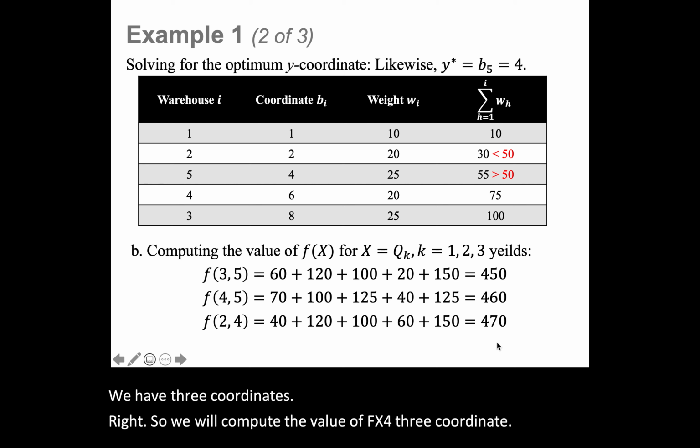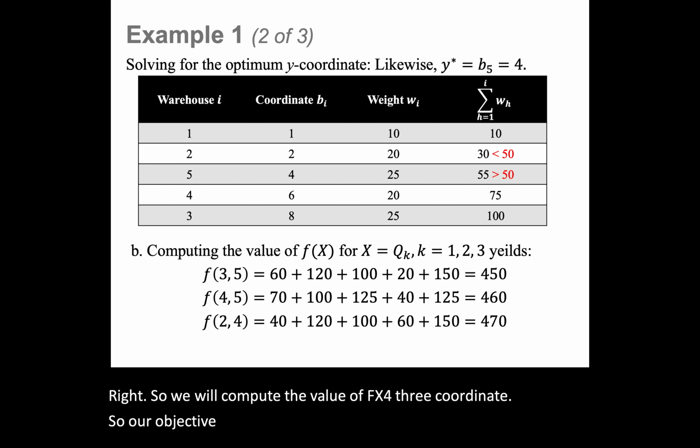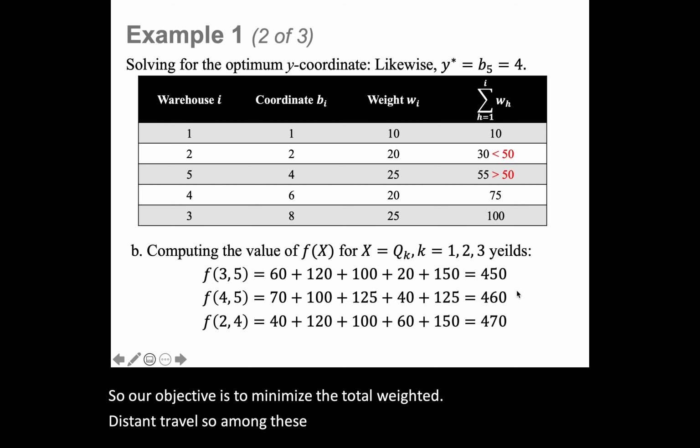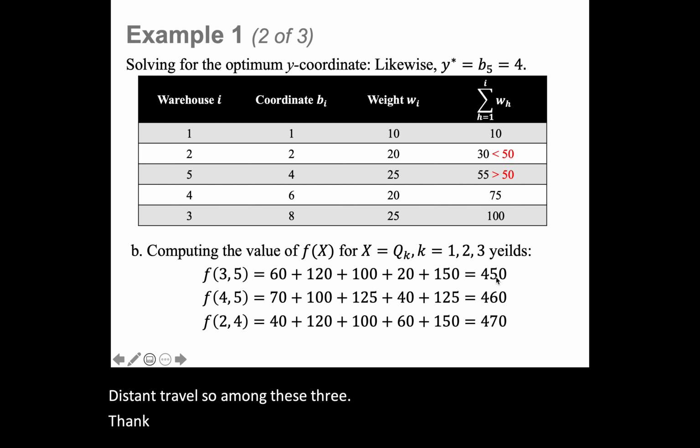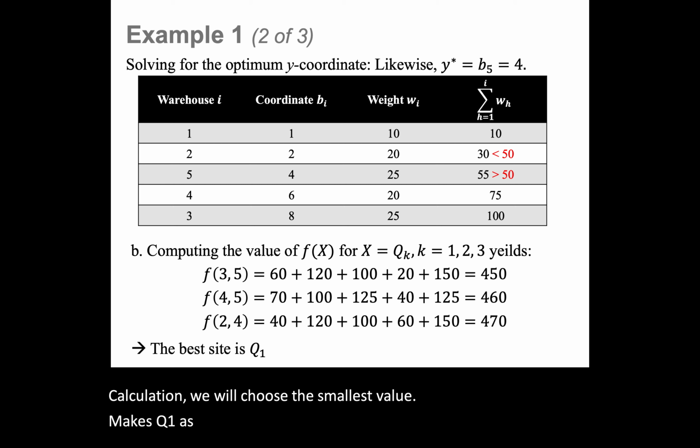So our objective is to minimize the total weighted distance traveled. So among these three calculations, we will choose the smallest value, which makes Q1 the best site of the new facility, okay?